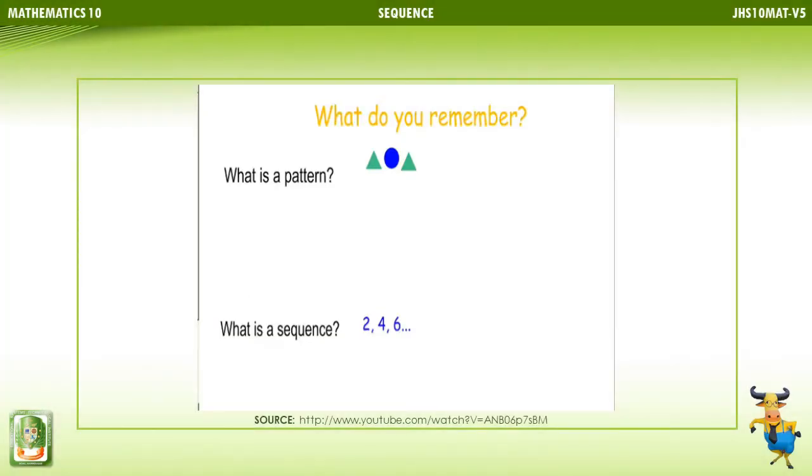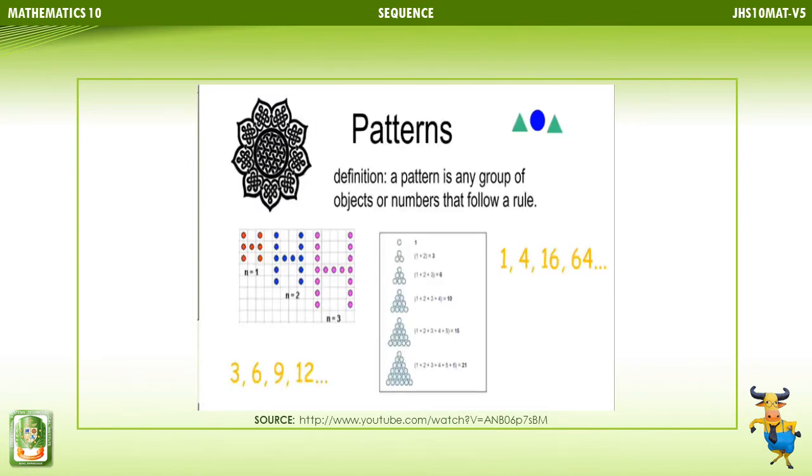So do you remember what a pattern is? Remember the picture patterns? Well, a pattern is any group of objects or numbers that follow a rule. So we see the pattern with the red circles, and what we're doing is adding on one centerpiece and one to each end each time.